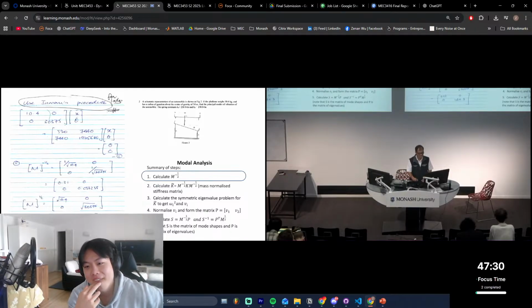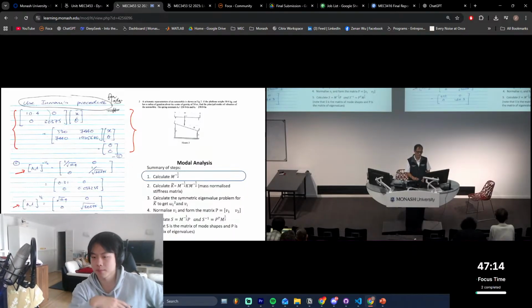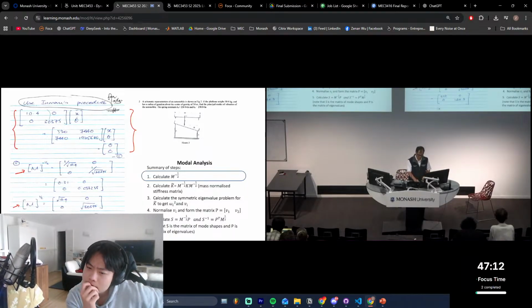So this here is the equation of motion that we've derived with the numerical values added on. Okay. Now the first thing that I need to do is to get the inverse square root of the mass matrix. This is what it is. There's a square root and that's the inverse square root.